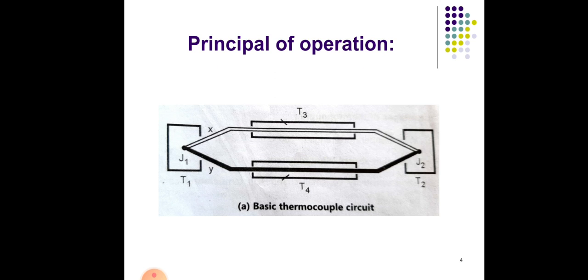Means the total EMF or voltage generated by the thermocouple is E equals K times (T1 minus T2), where E is the total EMF or voltage generated by the thermocouple, K is a constant, and T1 minus T2 is the temperature difference between the two junctions.